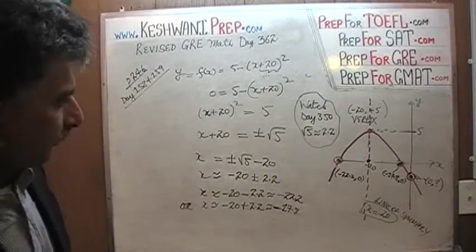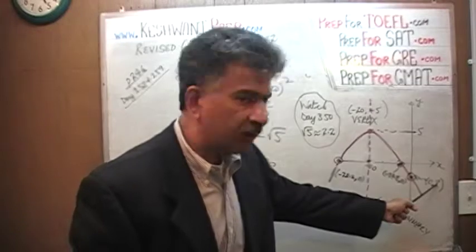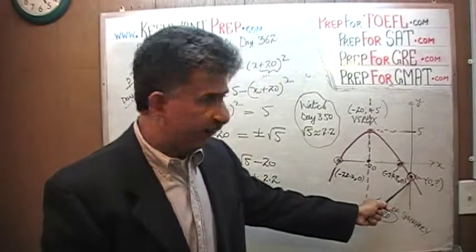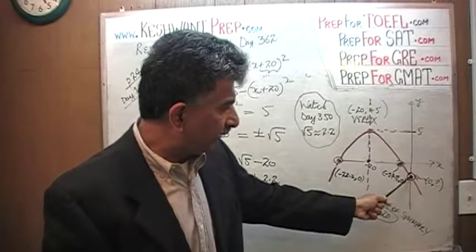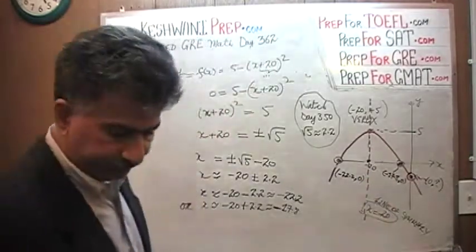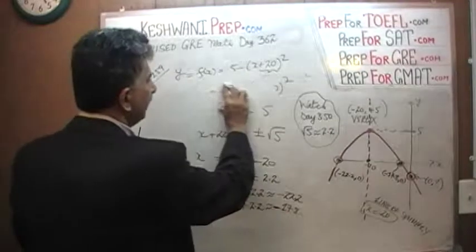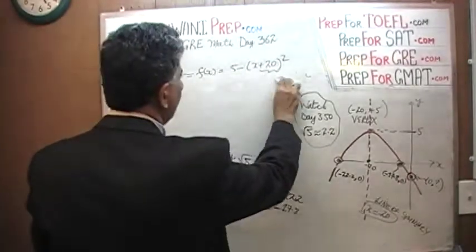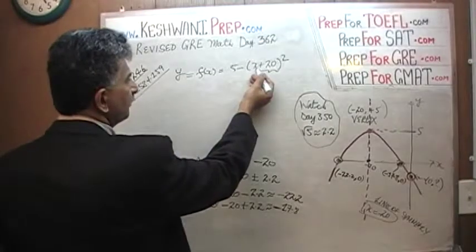So like I said, all we have to do is plug in x equal to 0 to figure out the y-coordinate, and that will give us the y-intercept, the place where the parabola cuts the y-axis. Here's our equation of the parabola. We just substitute x equal to 0.